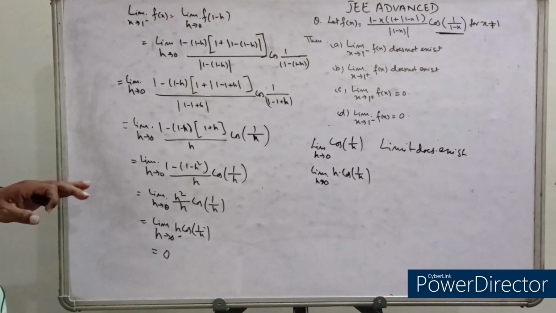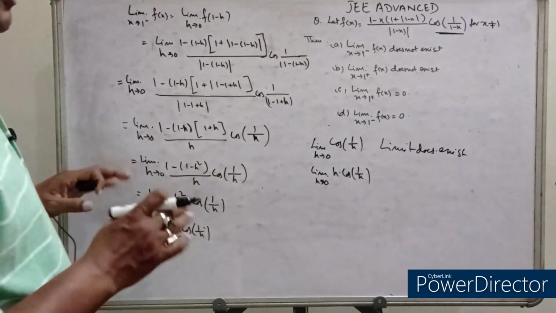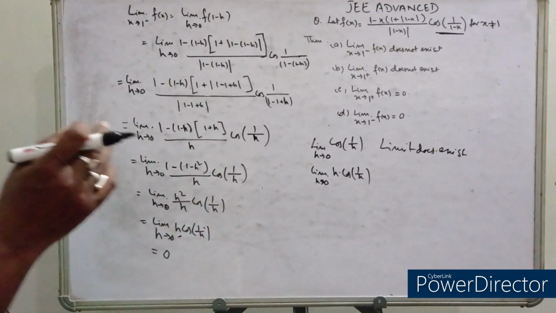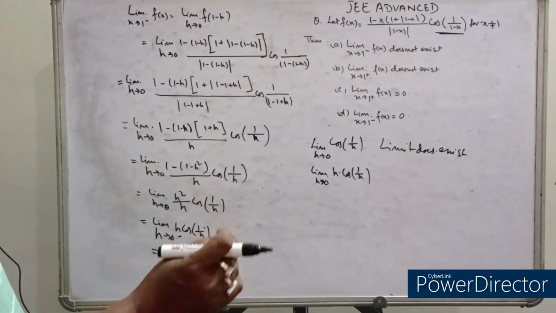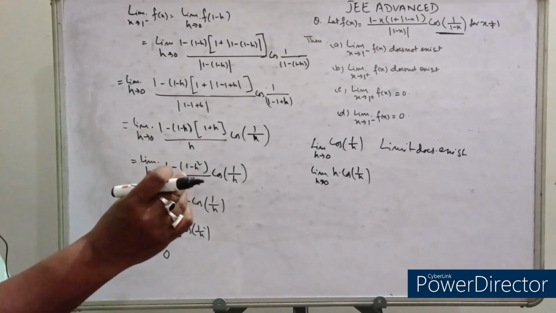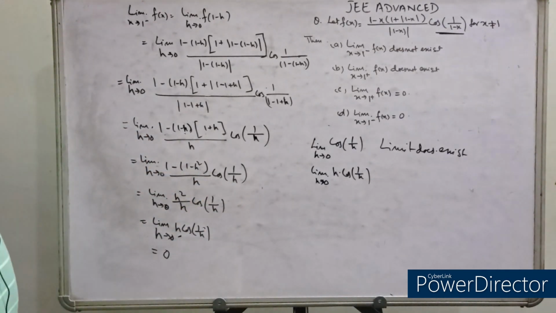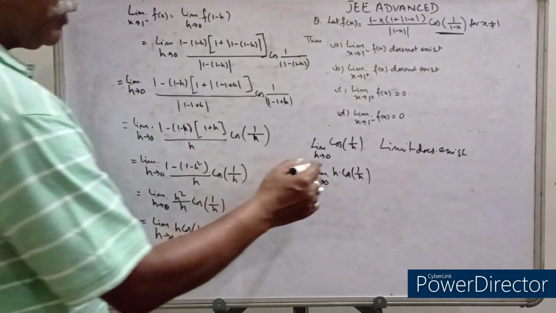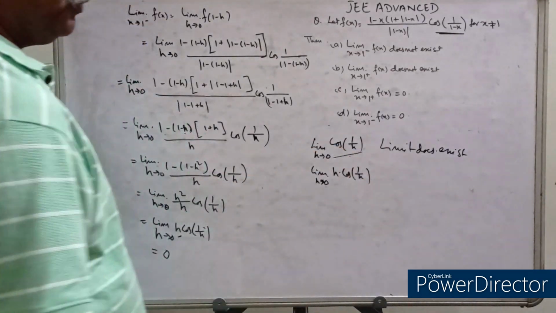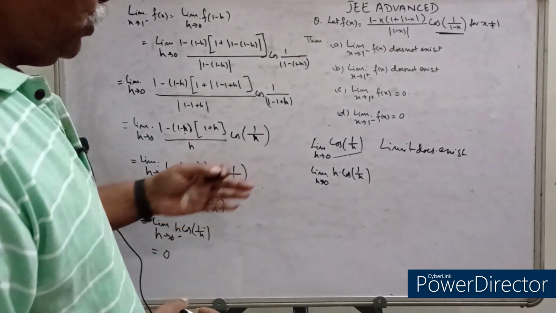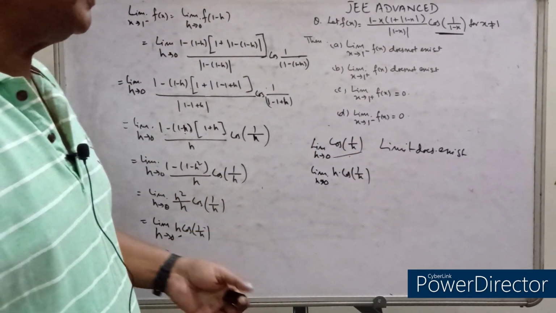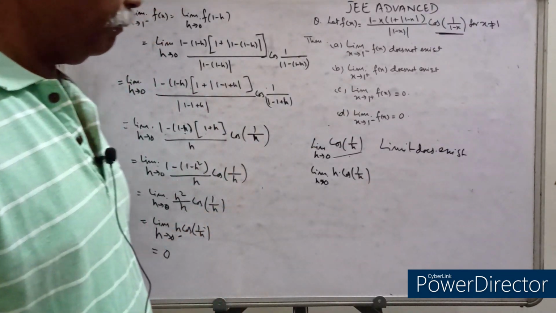See the format of the question. It is not a tough question, but the format has been made in such a way that there is a probability that the student may commit a mistake at this point. And if your result comes out like this, then what will you do? Because you have reached a position where you can't give any decision, you say that the limit does not exist.